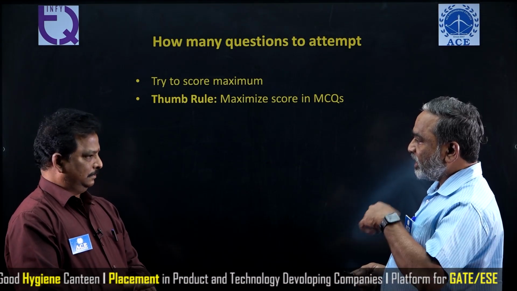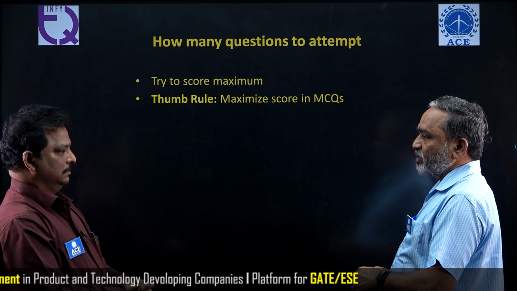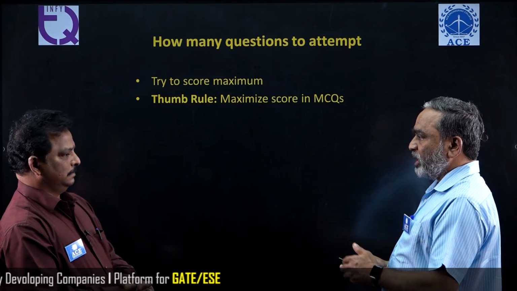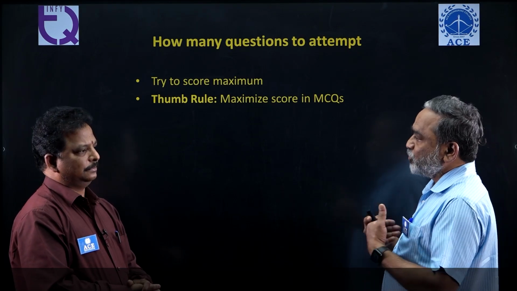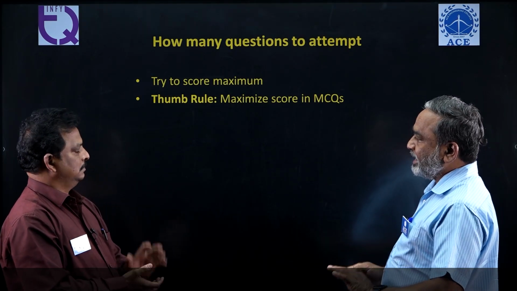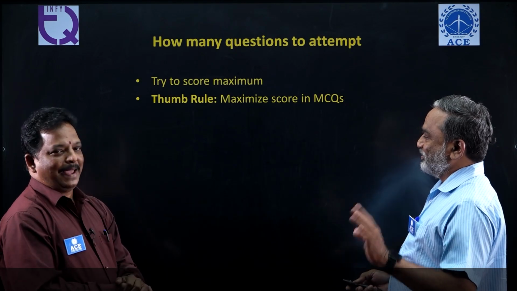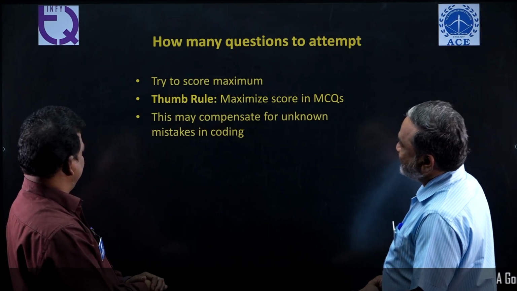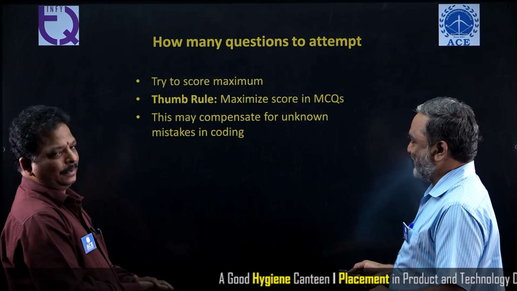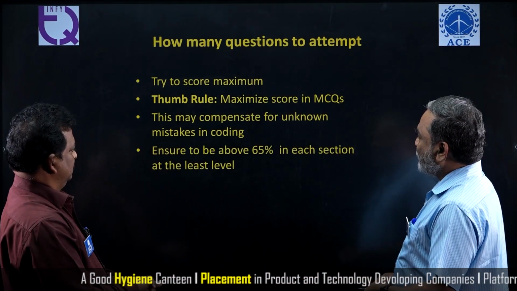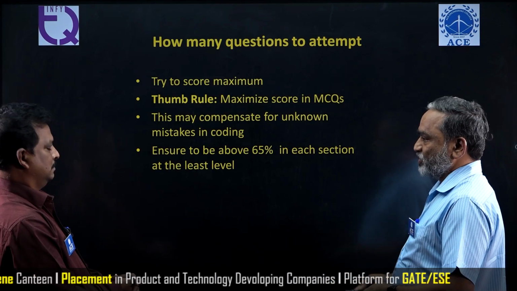Merely writing code is only partially complete. It's not that it's a fault, but they have put test cases that it has to qualify. As we are discussing, MCQs are the easiest. That's why the thumb rule is maximum score in MCQs. Right, sir. So this may compensate for unknown mistakes in coding. Ensure you are over 65%, as you said already.